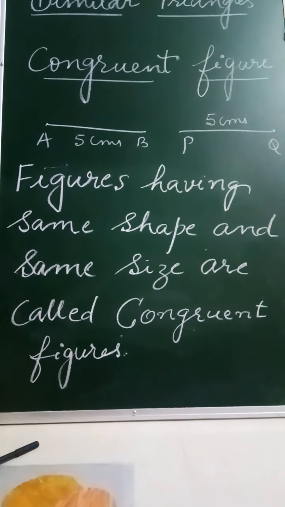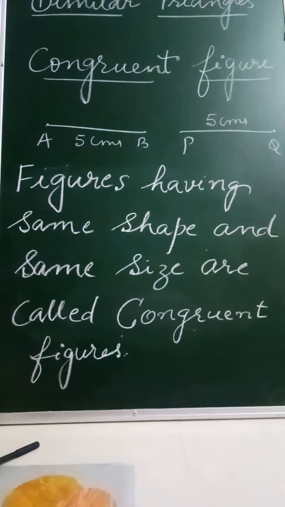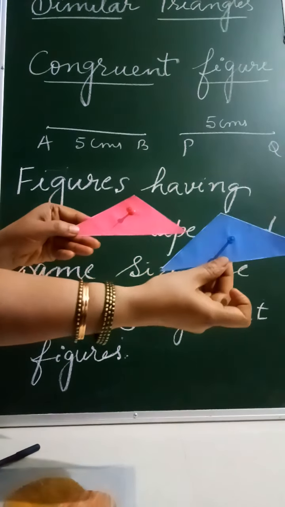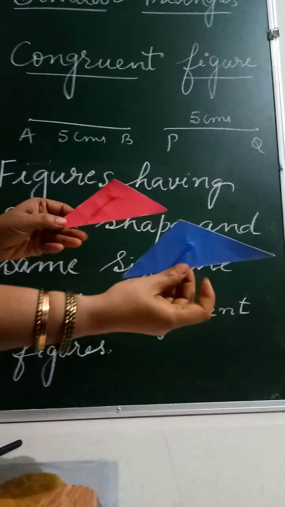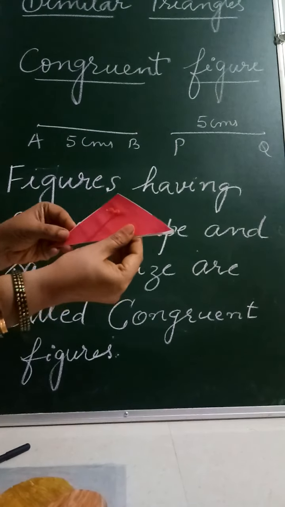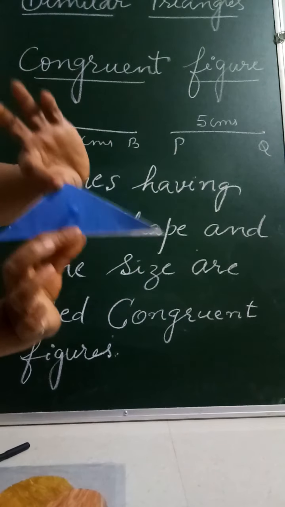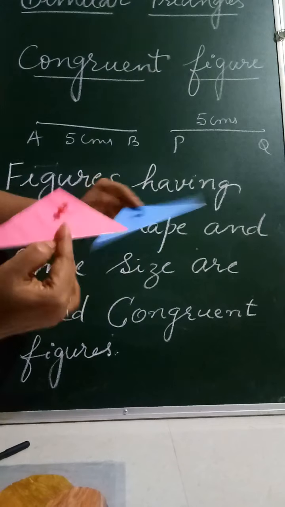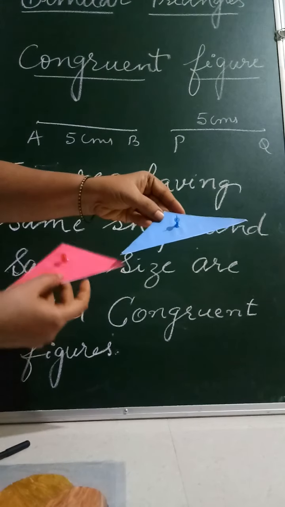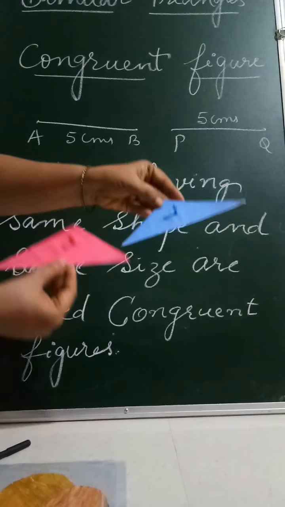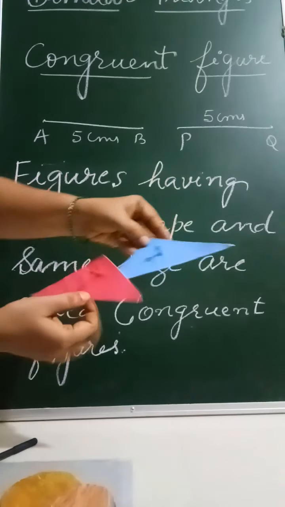Suppose triangles. If I consider any 2 triangles, here I have taken 2 triangles. When I keep one above the other, it exactly coincides. The triangles exactly coincide with each other. So I can say these 2 triangles are congruent triangles.